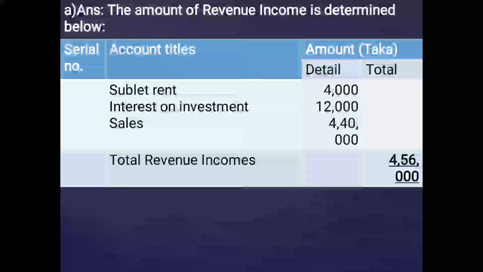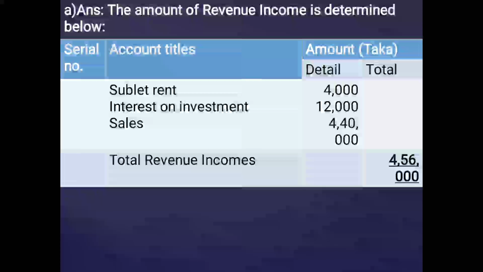Interest on investment, that is investment interest, is one kind of revenue income, or income from business. Sales is the biggest item of revenue income, 4,40,000. Dear learners, at this moment the total revenue income of this business stacks up to 4,56,000, to be carried to the total column, and it is to be closed.